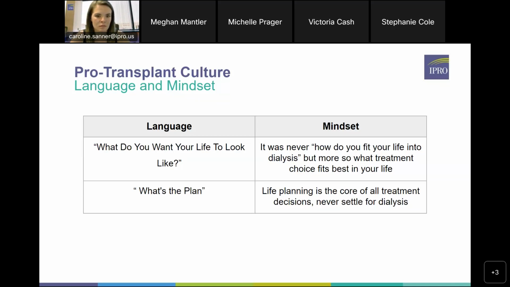What are we doing to make this happen? And that's why some people could be going for a deceased donor for 5 years and then all of a sudden be presented with the opportunity of a live donor. So the plan changes. So what's our plan now, right? Those are sort of the two examples I had, and it was really hard to think of what it was. Next slide.